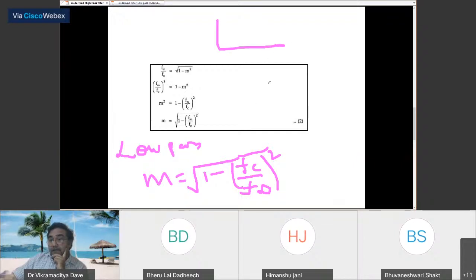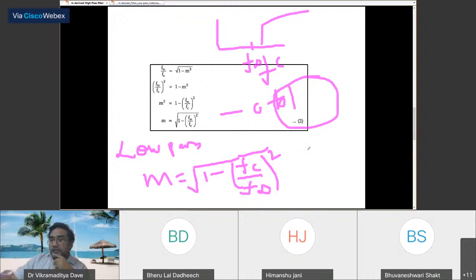For example, suppose in a high pass filter this is the cutoff frequency, then it is chosen just below the fc frequency, while in the low pass filter it was above the cutoff frequency. But it is now below the cutoff frequency, so it will be approximately near about it, but again the value will lie between 0 to 1 only.